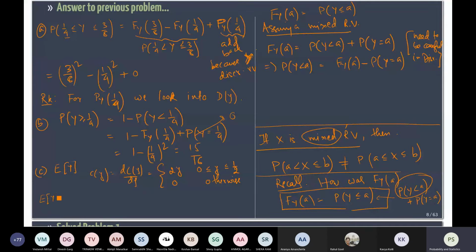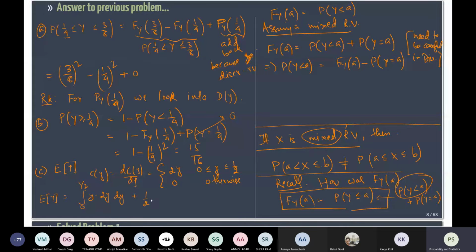So the expectation of Y will be, for the continuous case, the PDF takes non-zero values only between 0 and half. We have seen this before. So this is the integral of y times 2y dy. Okay, and plus, then we have to put the expectation for the discrete part. The discrete part was defined at half only, right?